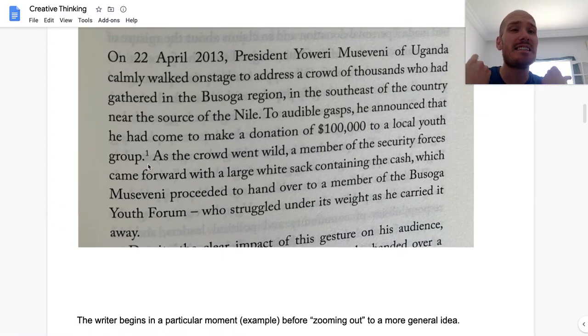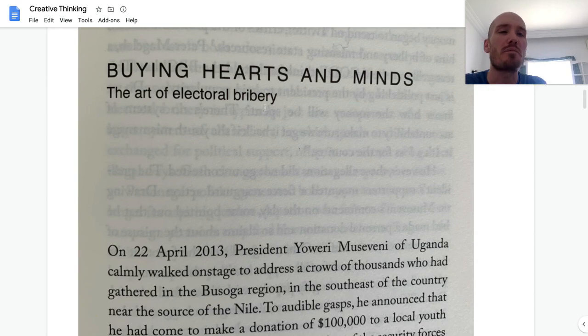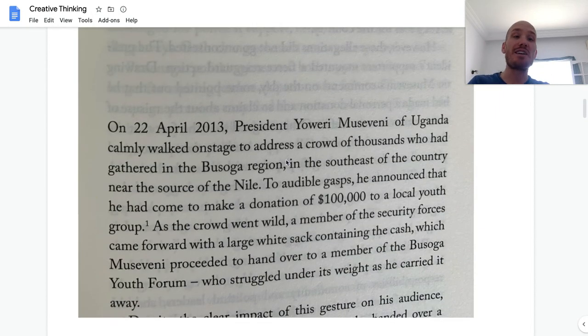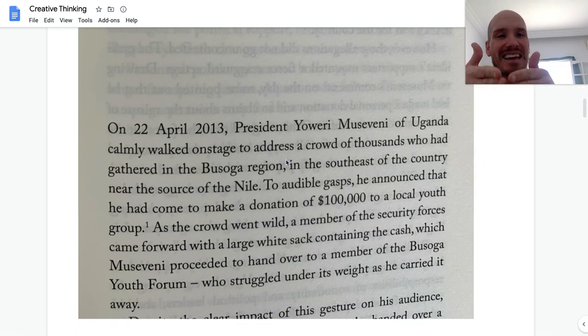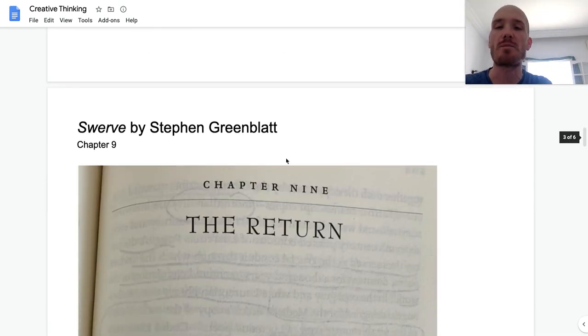This is the detail from their research, and they lead with that detail. They start us in a specific moment, and then they're going to pull back and make some argument, which you can probably infer about electoral bribery, right? So here's an example where the writers begin in a moment and then pull back out to a more general idea. That is a way that you can work with your chapter as well.